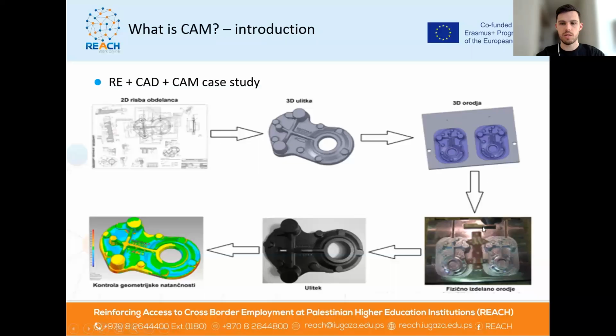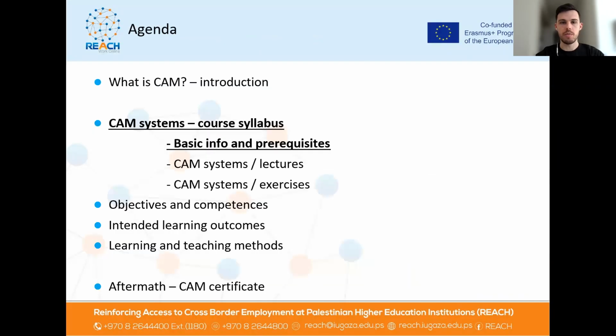So this is a step with CAM inside, creating the physical tool in the machining process. And from that you can use injection molding, and you can create your molded part. And once again, then you can have the reverse engineering, or better to say the quality assurance, to measure different dimensions and the specifics required. So this is just one case study.